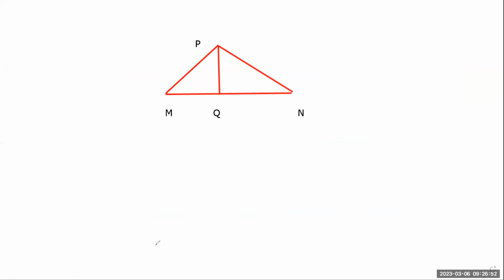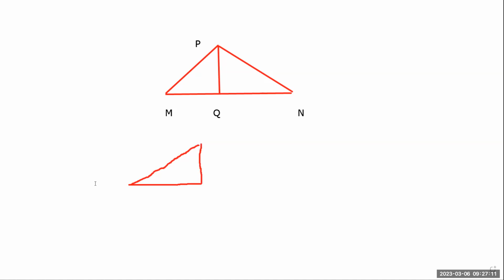So you can, if you choose, draw them separately. And I think maybe that will help you. So MQP, they're talking about this triangle here.